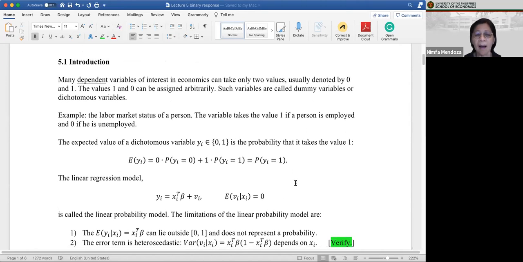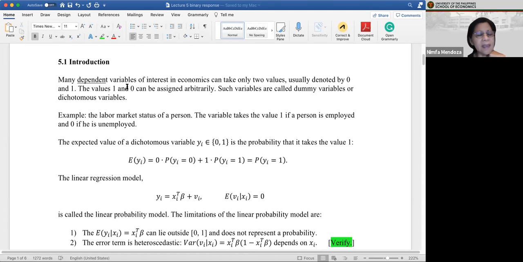Okay, so this is really the basic discrete choice model, where we have a binary response on the left-hand side. Many dependent variables of interest in economics can take only two values, usually denoted by 0 and 1. The values 1 and 0 can be assigned arbitrarily.